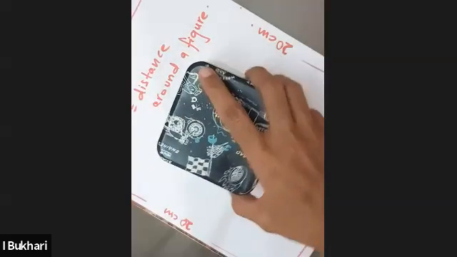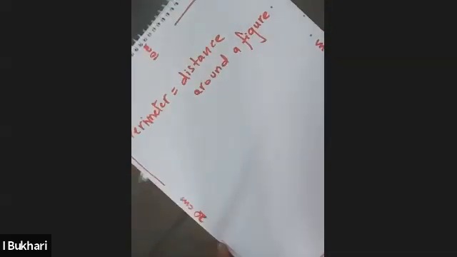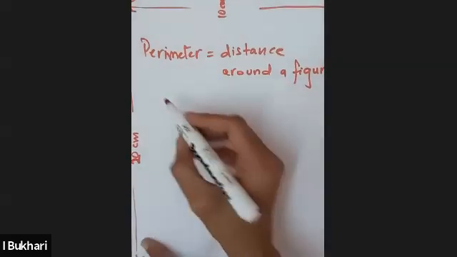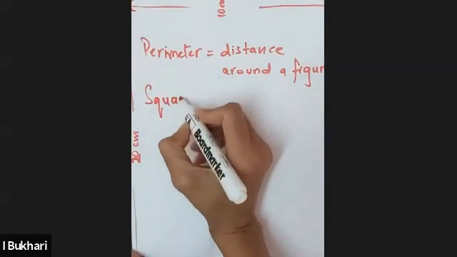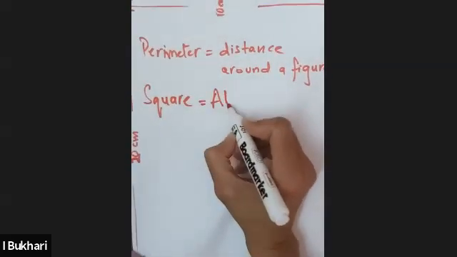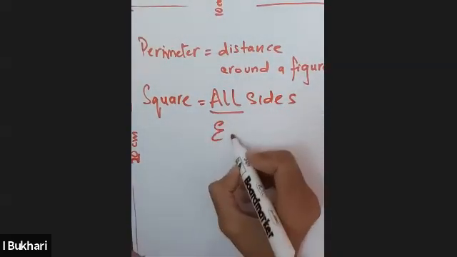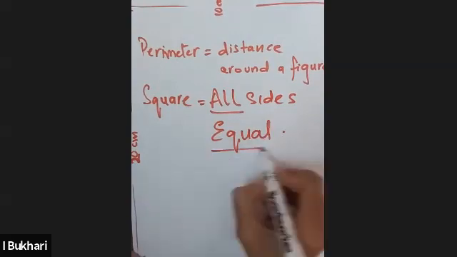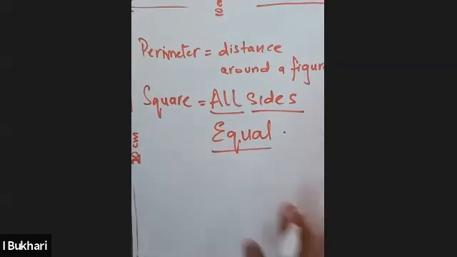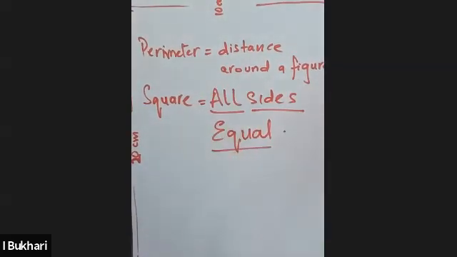The special thing about a square is, remember this, that a square has all sides equal. This is a square. All sides are equal. I hope you will not forget that.